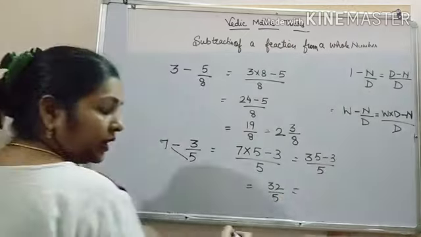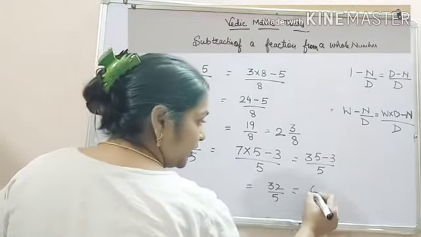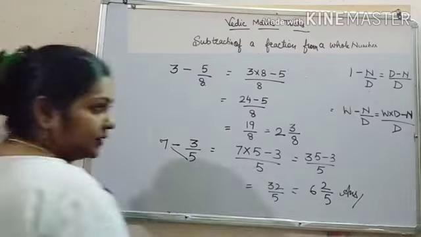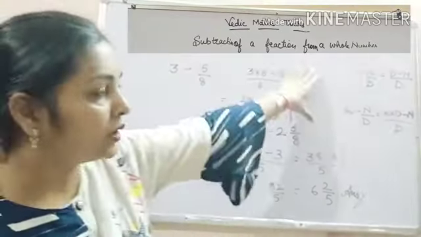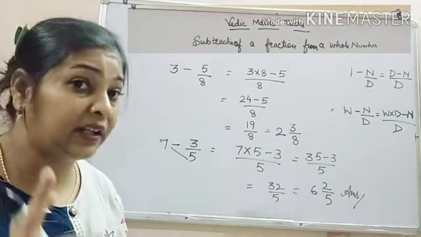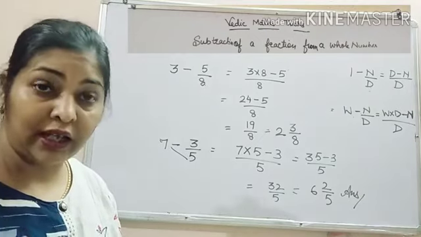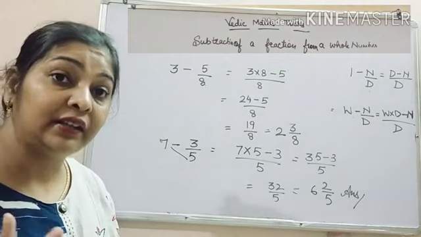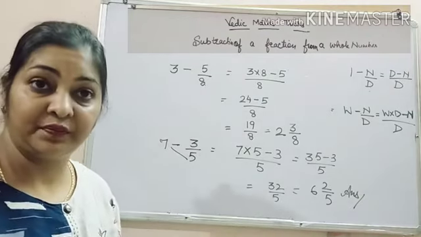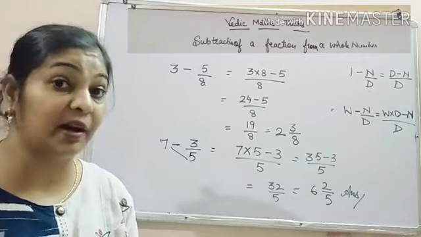And converting it into a mixed fraction, it will be 6 2 by 5. This is our answer. So using this formula, one thing is that you will never commit any mistakes. And the second thing is that your calculation will become faster. So you are having a double advantage.